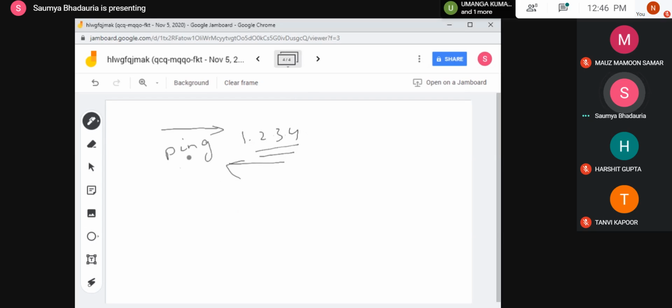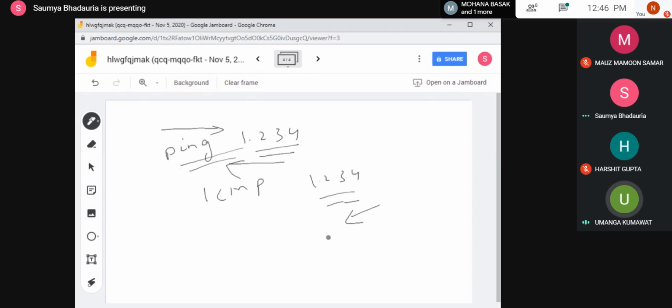Got the answer? What is it? What is being sent in ping? You are sending ICMP packets. When you're sending ICMP packets to a particular destination and the destination is not present, what reply is generated?